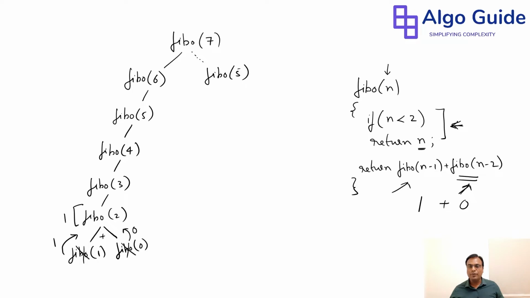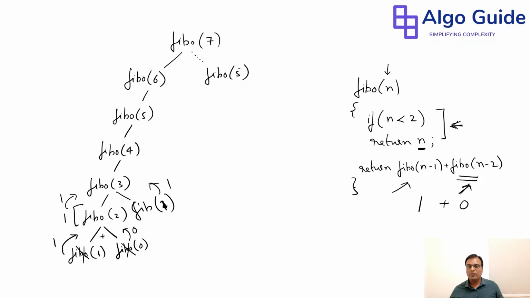Now fib of 2 returns the value 1 and fib of 3 now calls fib of 1, that is 3 minus 2. So fib of 1, we know the value, it's a base condition, it returns the value 1.